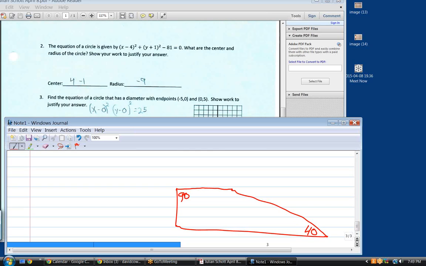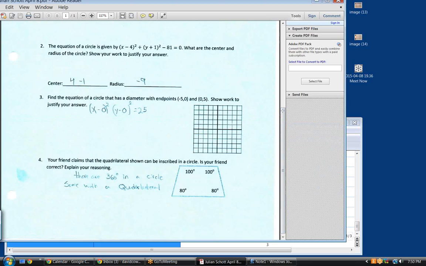And if you think about trying to put a circle on that thing, I wouldn't be able to. Because the center of the circle would have to be right there, and making the radius right there, well, this distance to there is a lot smaller than the radius, so there's no way that point ends up on the circumference. So the only way a quadrilateral can be inscribed in a circle is if its opposite angles are supplementary. So this isn't really the reason. Close, good idea, but it has to be the opposite angles, not just all.